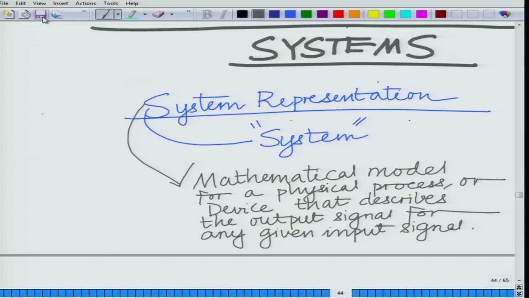So, for any given input signal, the system model or system representation must be able to precisely characterize the output for the given input. That for us is a system.